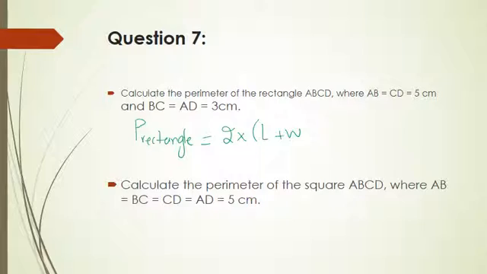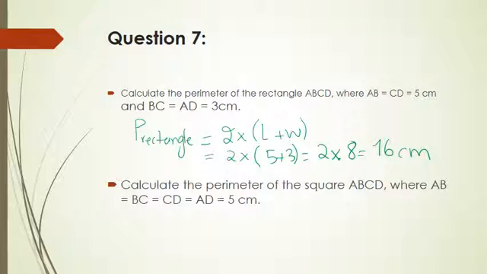Length plus width, excellent. So I continue, 2 times. What's the length? 5. Excellent. Which is 2 times 8, which is 16 what? Don't forget to put the unit. Please. It's very important to put the unit.